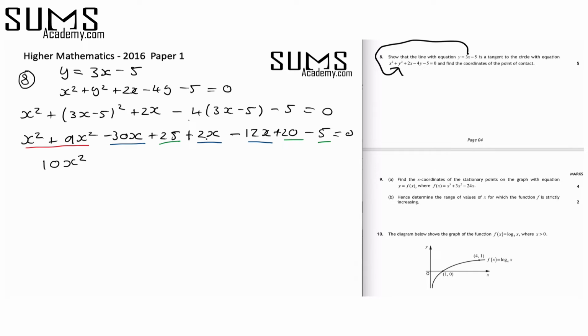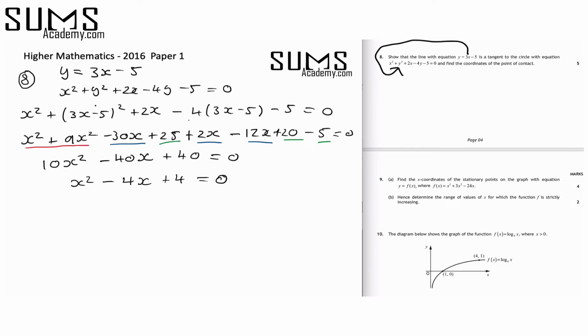So this is going to be minus 30 minus 40x, and then 25 minus 5 plus 20 is going to be 40, equals 0. Now this can all be divided by 10. So this becomes x squared minus 4x plus 4 equals 0.